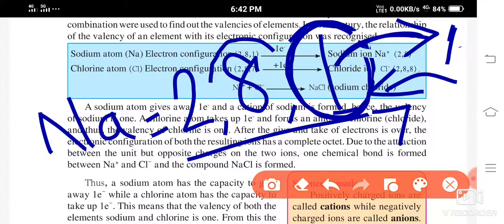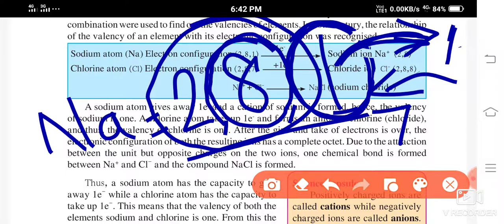Now the outermost shell will be the second shell, and the second shell now contains how many electrons? 8 electrons. So if this sodium gives away 1 electron, then this atom is going to attain the octet state, so it will become stable.